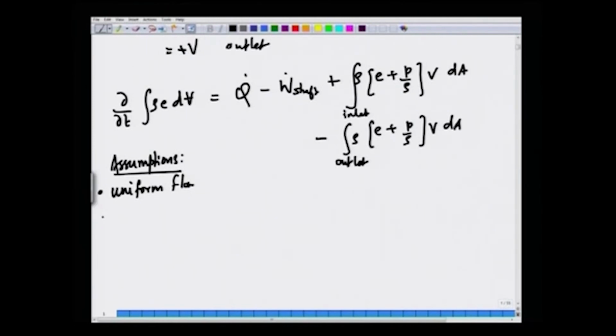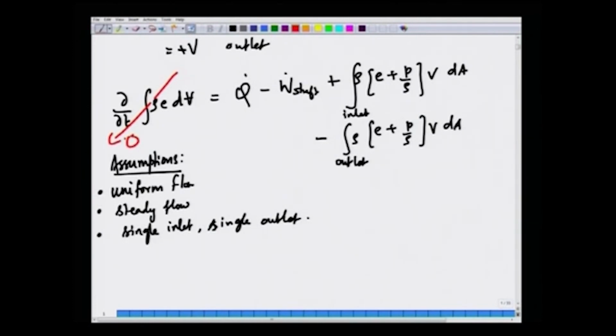But right now, if you assume uniform flow, steady flow, and single inlet, single outlet: when the flow is steady, the accumulation term becomes 0. When the flow is uniform, all these quantities are independent of the cross section, so you can pull them outside the integral, same here, okay. So, the area integral becomes just the area of the inlet and outlet.